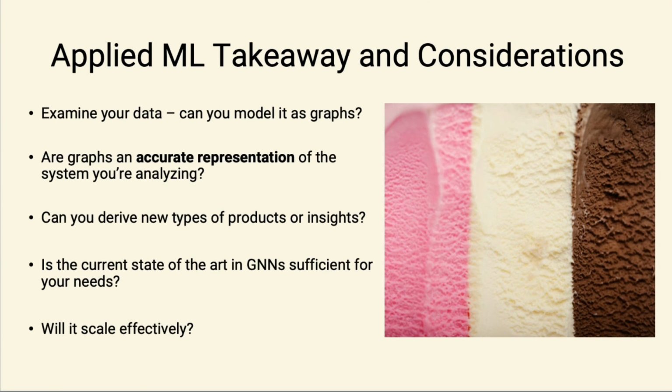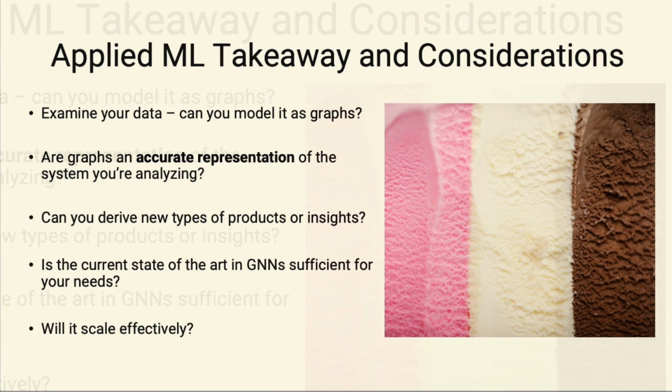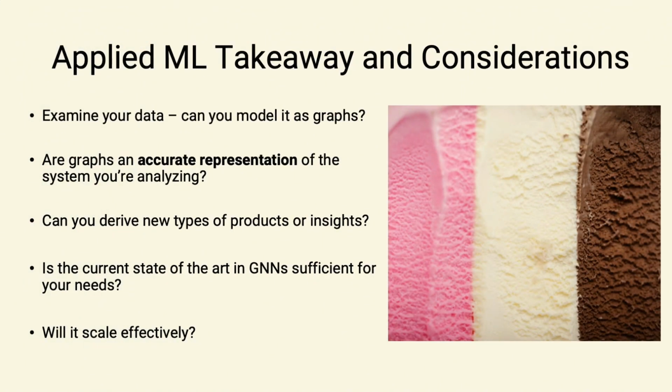If not, you may want to keep an eye out on the latest research happening in this field, because at some point in the future, it may become very relevant to your data. And as we know there are scalability and optimization challenges, it's also important to know and address the scalability aspect of things.